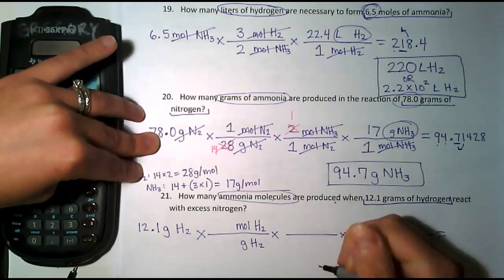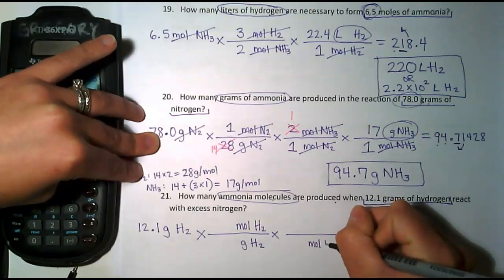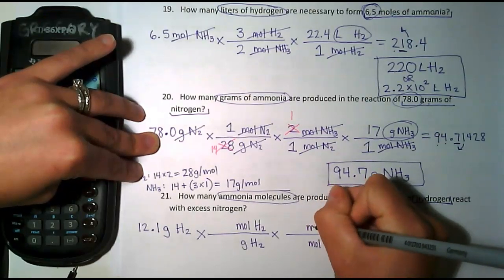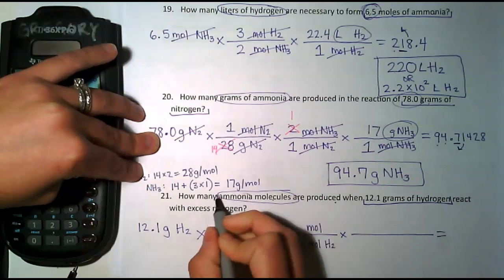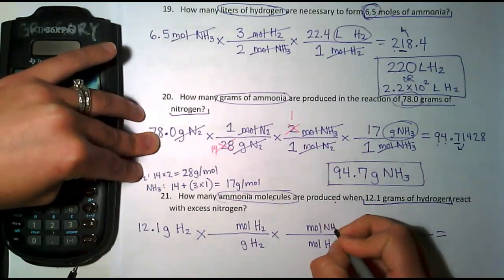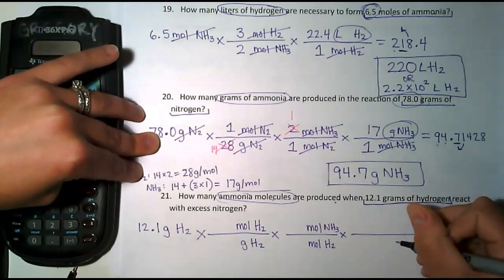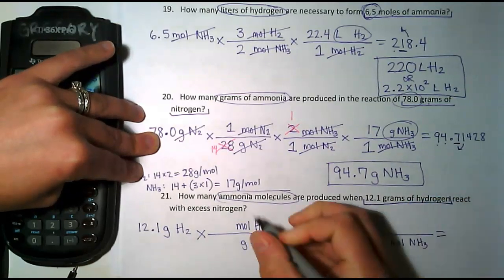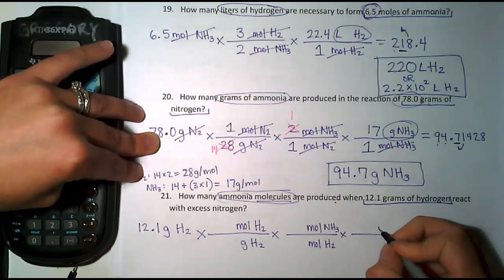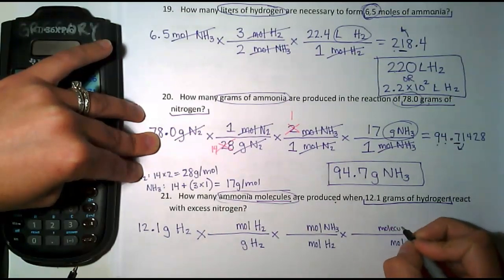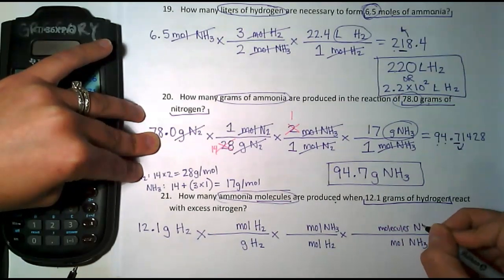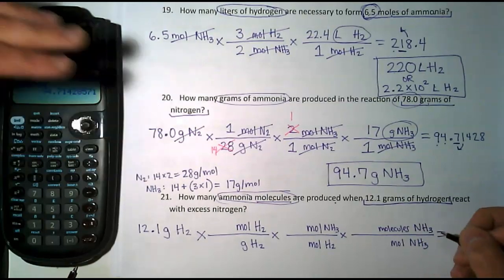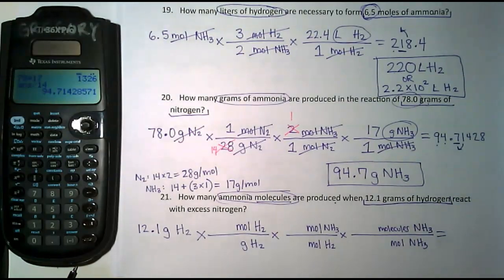Our second conversion factor is going to take moles of H2 and convert to moles of our new substance, so moles of ammonia, NH3. And then our third conversion factor is going to take moles of NH3 and convert it to molecules of NH3. So now we just need some numbers.